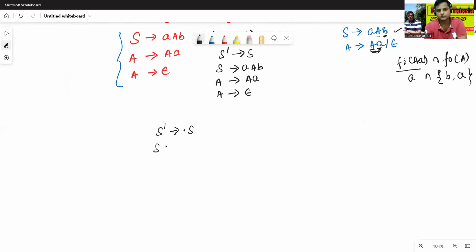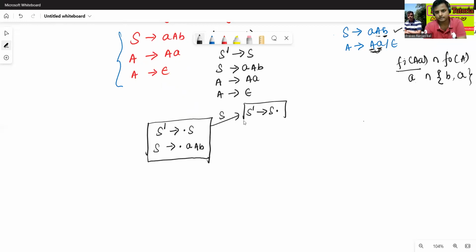So S → .AAB. Now we'll find the closure of S. There is no further closure. So this is one state. Now here this is S, so S' → S. This is one state.